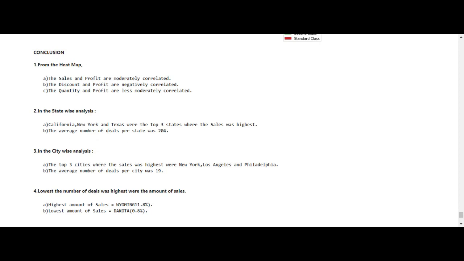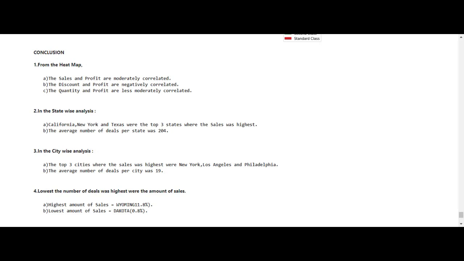The average number of deals per state was 204. In the city-wise deal analysis, the top 3 cities where the sales was highest were New York, Los Angeles, and Philadelphia. The average number of deals per city was 90.